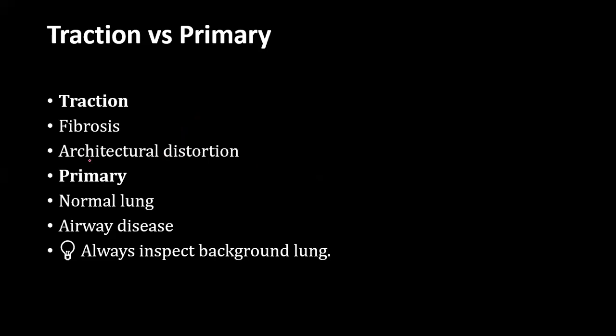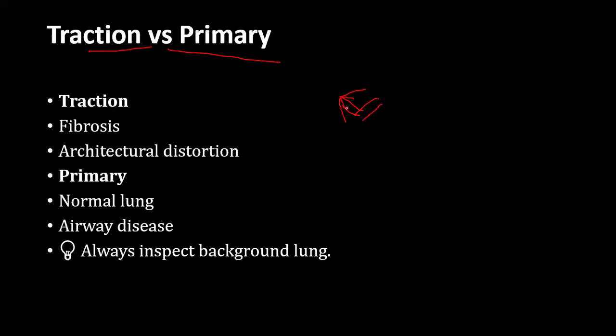Now, you need to differentiate traction bronchiectasis from primary bronchiectasis. Traction bronchiectasis, as we previously discussed, is usually seen in the setting of fibrosis and interstitial lung diseases, like all those previously discussed, the honeycombing, UIP, right? Basically the architecture of the lung will be destroyed, and it will pull the bronchi towards it.